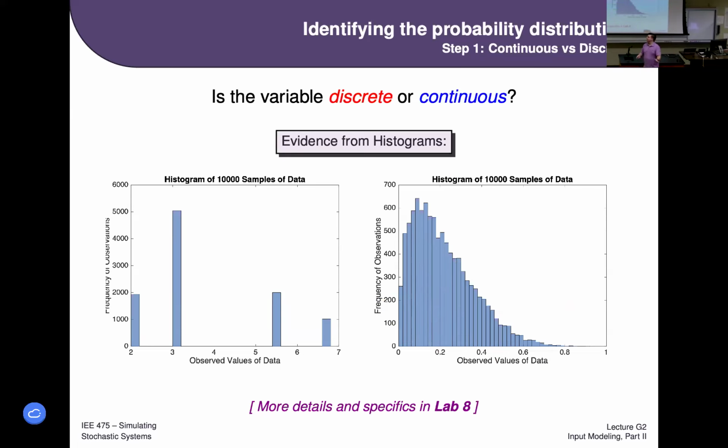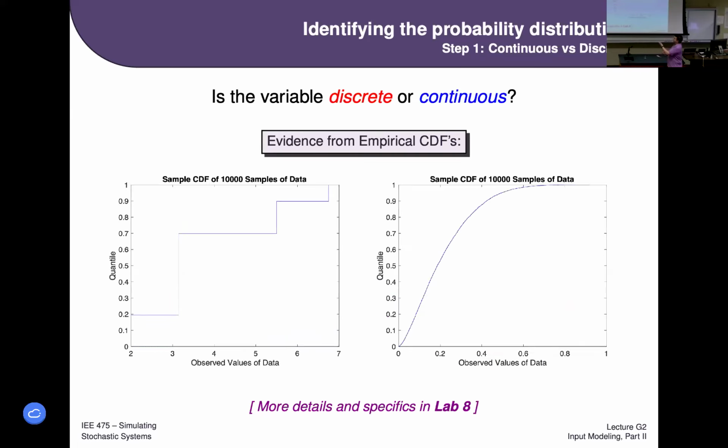So that's a key way to tell discrete versus continuous. Gaps or no gaps in the PDF. In the CDF, it's steps versus smooth rises. So if you do the sample CDF, which again, is when you take all your data, sort it lowest to highest, and then plot the sorted data on the x-axis against its rank on the y-axis, divided by the total number of data points.